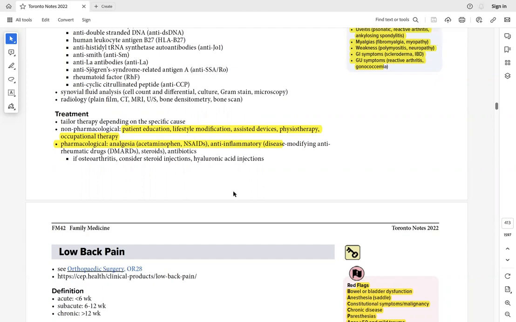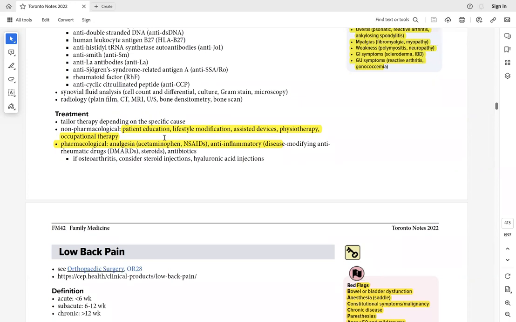It is going to be the very, very last resort, and for joint pains we don't even give that to the patient. So we start with acetaminophen, and if he's coming for the first time, no matter how bad the pain is, start with acetaminophen.